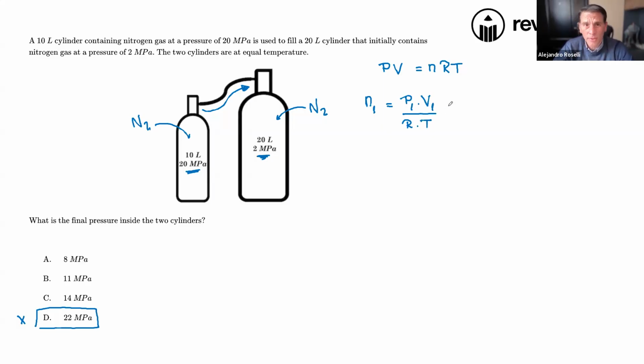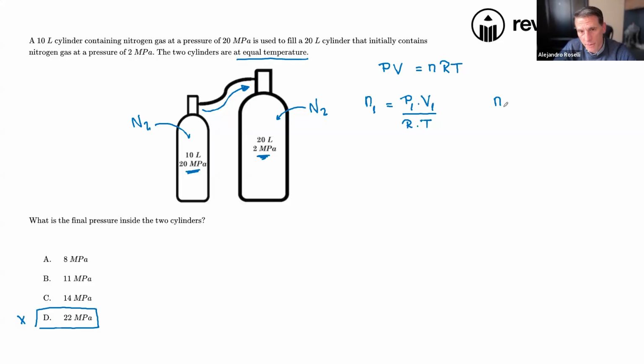Now, I'm not writing T1. You might, of course, write T1, but since they are at the same temperature, we don't need to go into T1 and T2 because it's just not realistic. We have the same temperature, so I'm just going to use T for both cylinders.